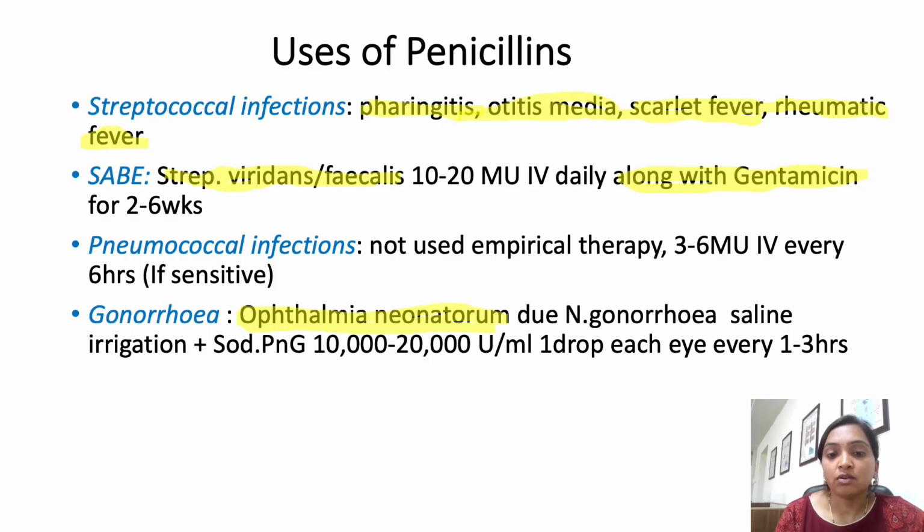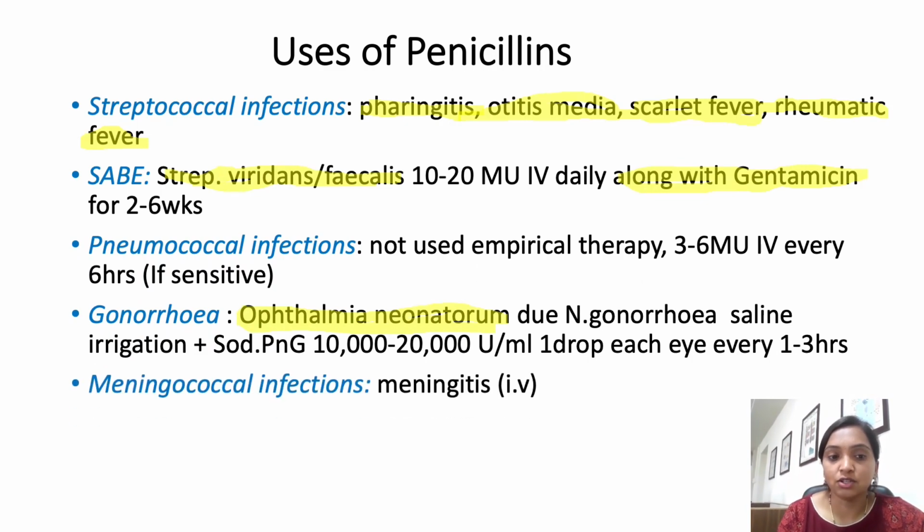If a pregnant woman has a gonorrheal infection and the baby also gets infected during delivery, apart from the genitalia it can also cause an eye infection. In the neonate, it is called ophthalmia neonatorum. In this condition also, penicillin is one of the important classes of drugs used.